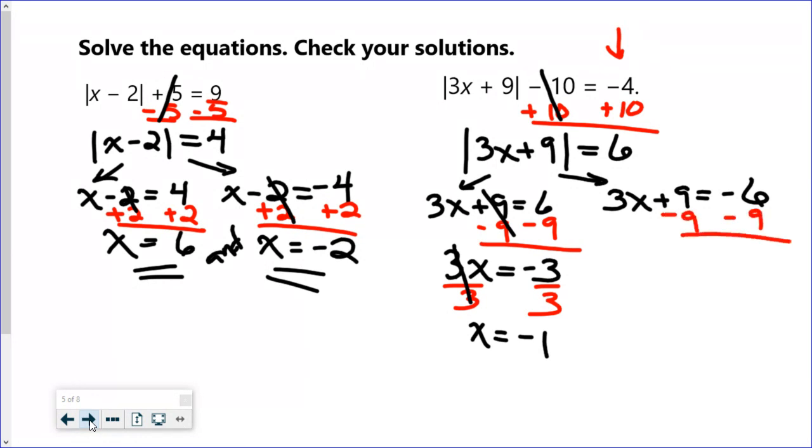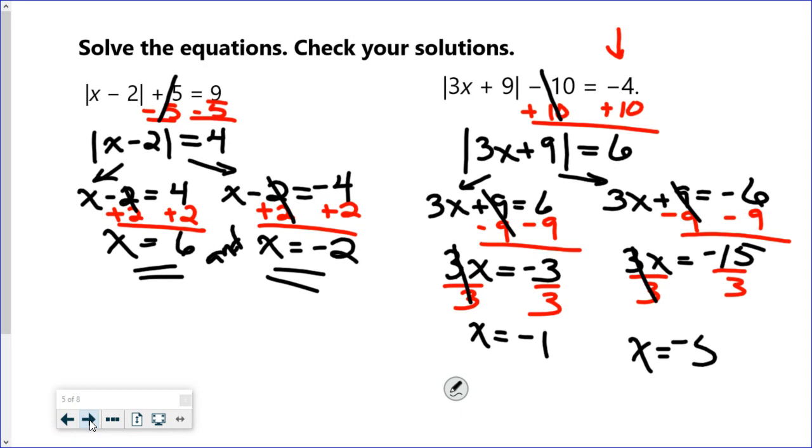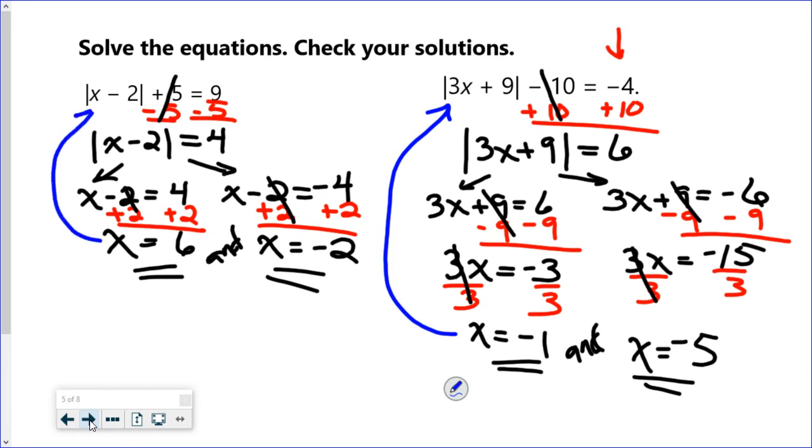Be careful. 3x equals negative 15, and x equals negative 5. So those are my two answers. If you want, you can always double check, substitute both of those in, and that equation should still work. Same thing here. If I substitute them in there, that equation should still work.